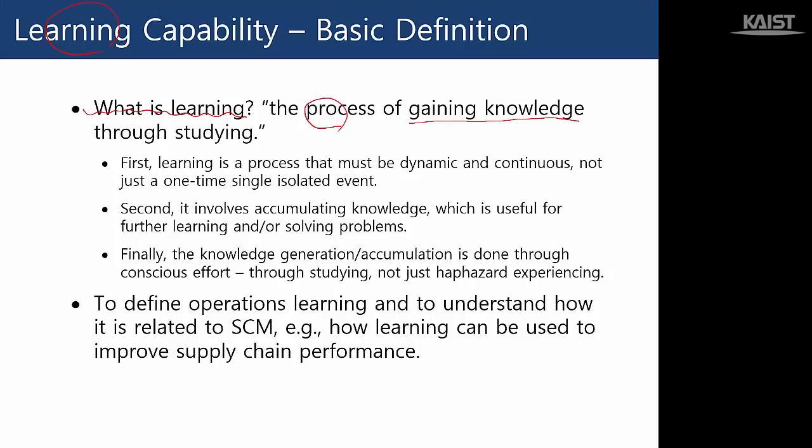We will be more elaborate on that later. So learning is the process of gaining knowledge through study. What does that mean? I want to summarize the features in three ways.